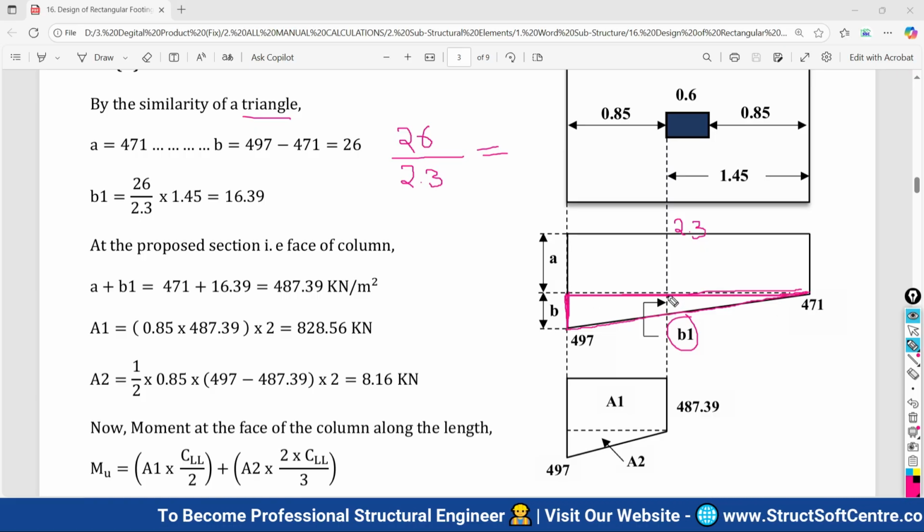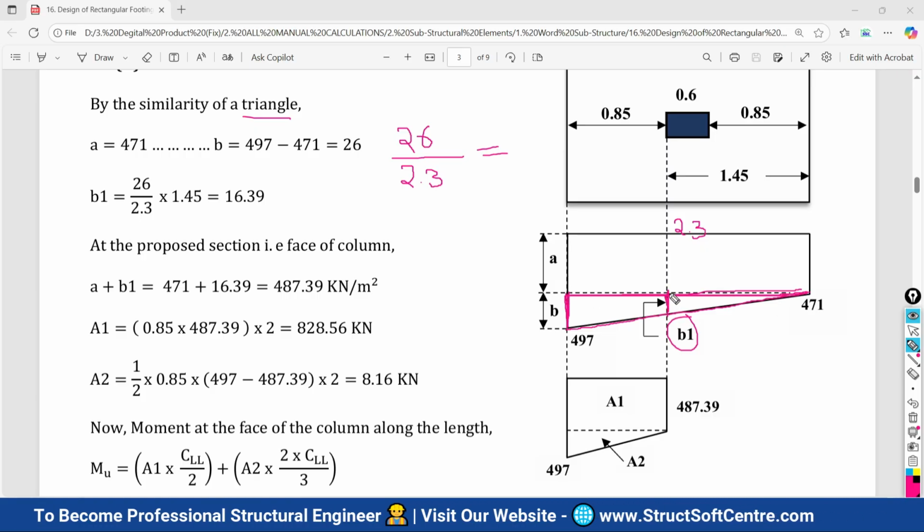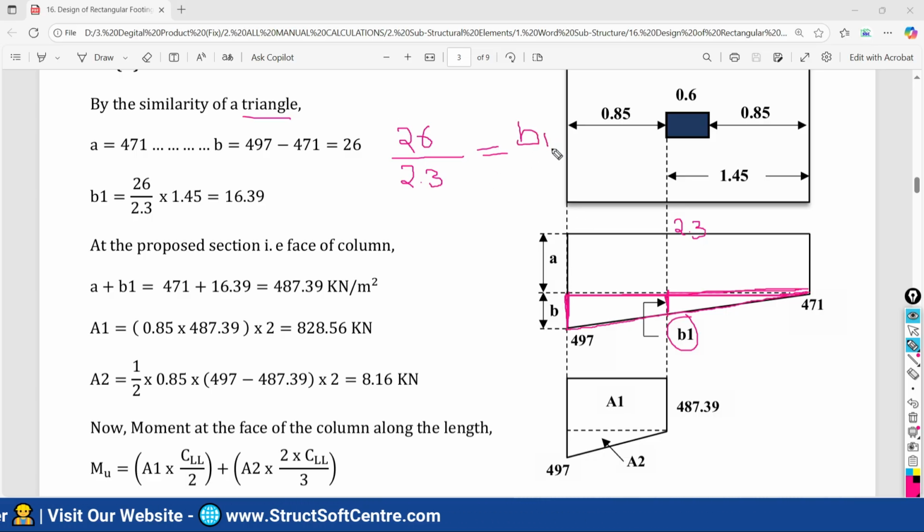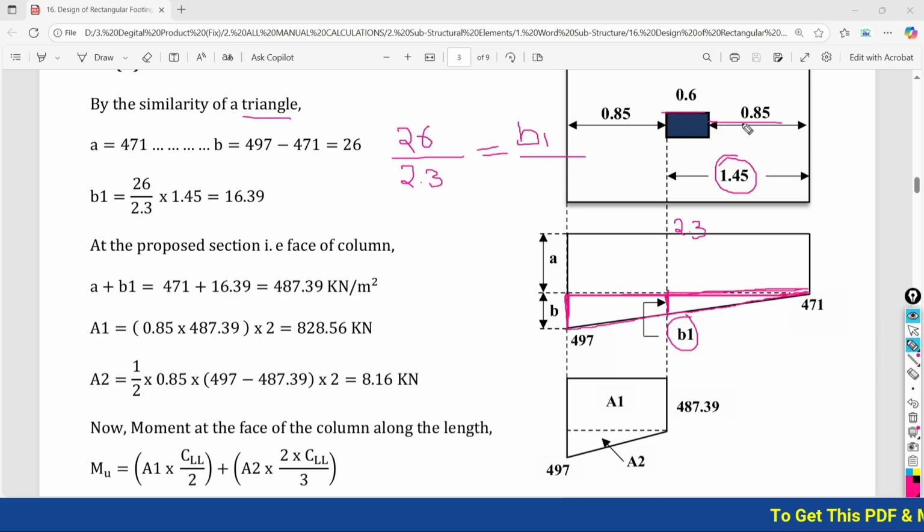Now height of the small triangle and base of the small triangle. The height of the small triangle is B1, divided by the base of the small triangle, which is going to become 1.45. How can you calculate this? Projection plus depth of the column. If you add the depth of the column to your projection value, you will get this value.